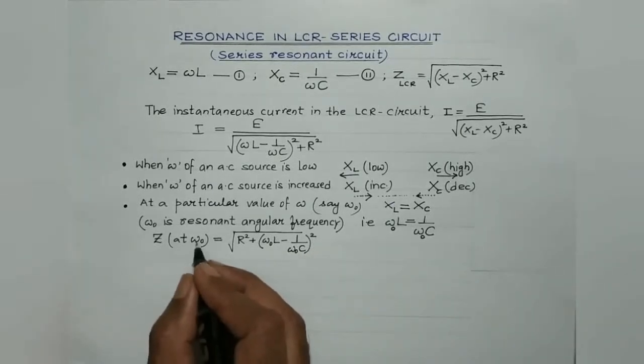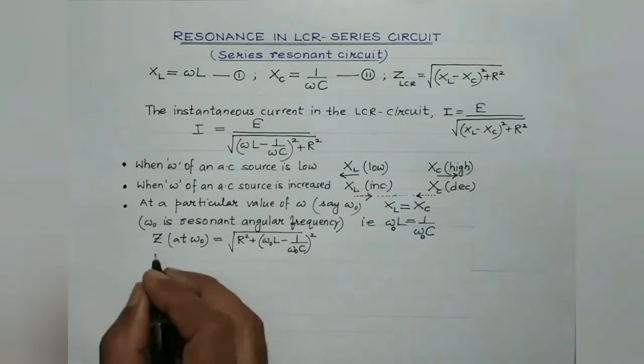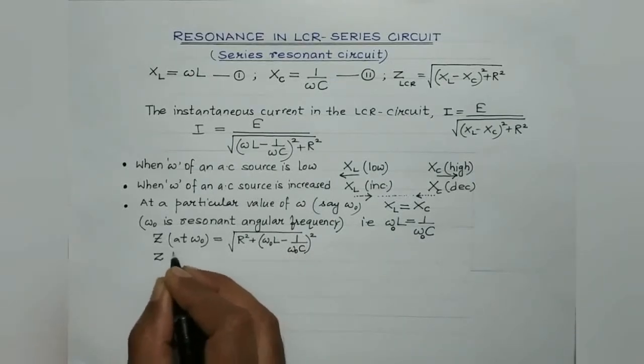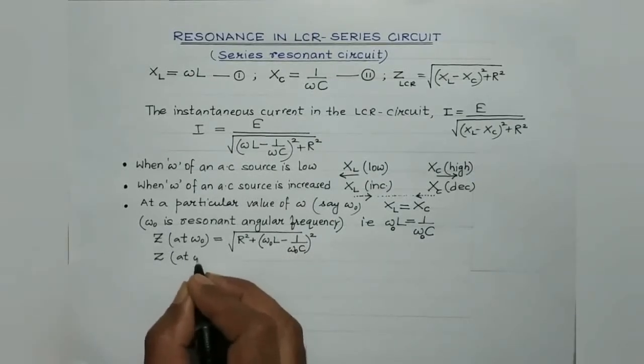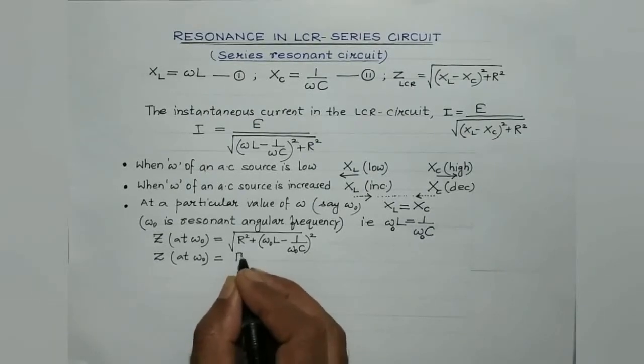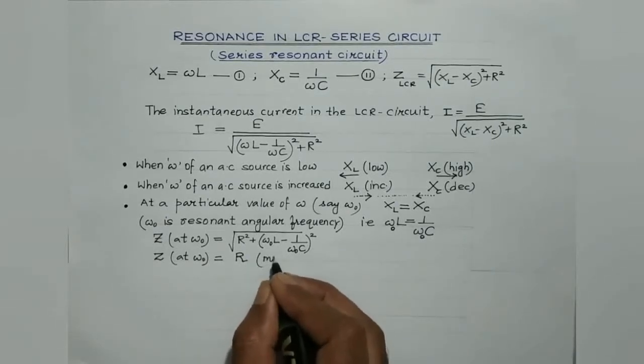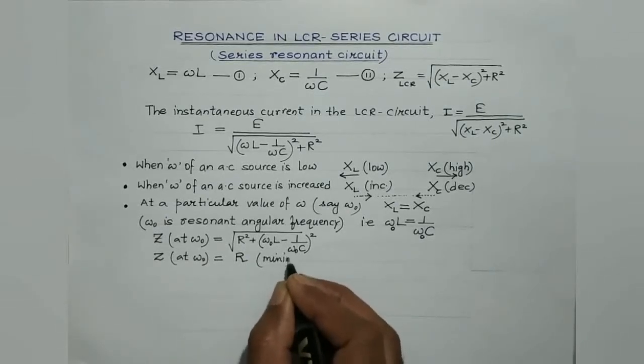Now at omega naught, these two are equal, therefore it will become 0. So Z at the resonant angular frequency is minimum. It will only be equal to the ohmic resistance. So this is the minimum value of the impedance.